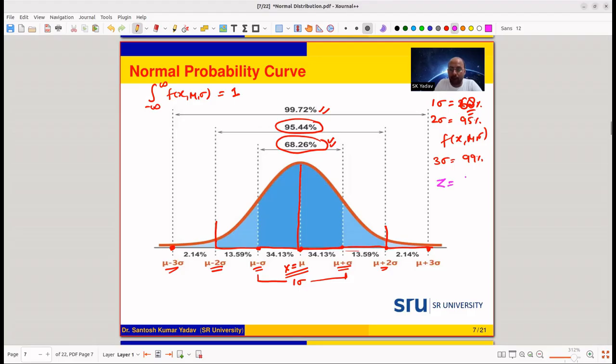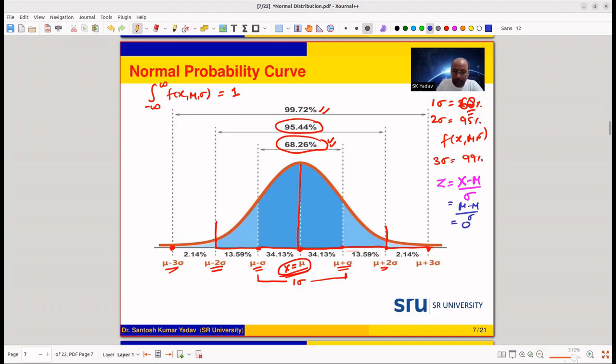Z equal to x minus mu upon sigma. Now I can change the x values in terms of Z. When x equals mu, the Z value is mu minus mu upon sigma, which is 0.